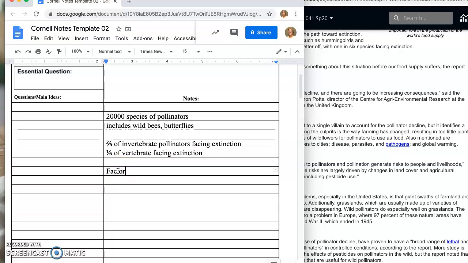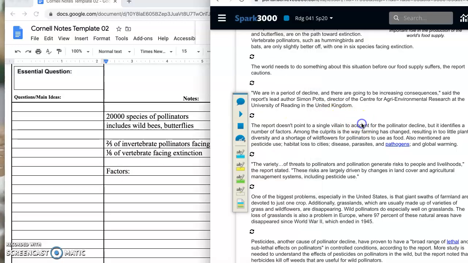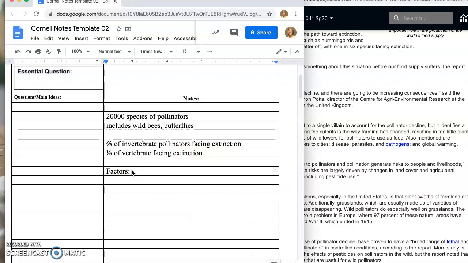So what I'm going to do is, there wasn't a whole lot in these 2 paragraphs that was new information, things that I don't know. But this paragraph about villains and factors in pollinator decline, I am going to write some of them down.